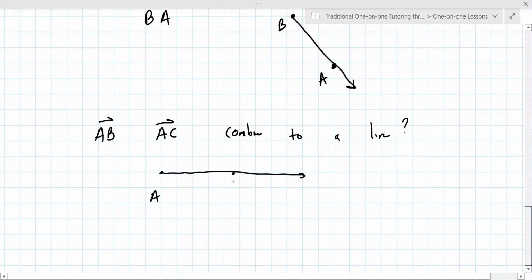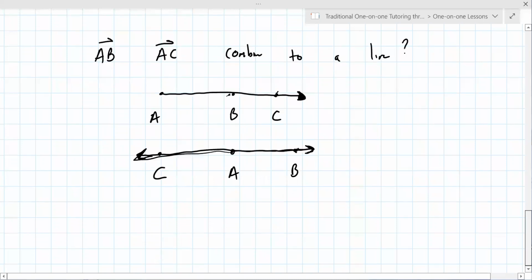Here's A, here's B, here's C. In case one, AB is a ray, but it also goes through C. AC is a ray, but it also goes through B, but they're going in the same direction. But in the second picture, here's AB, and then AC goes left and it makes a line.